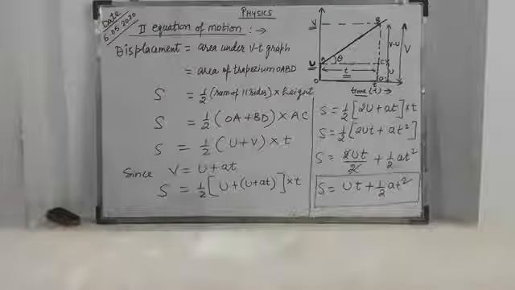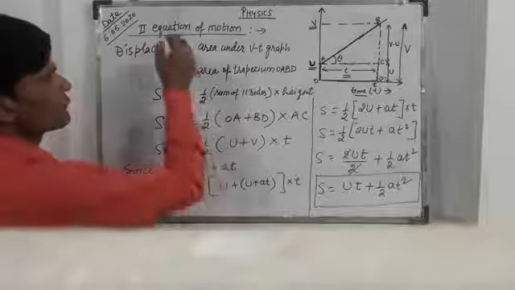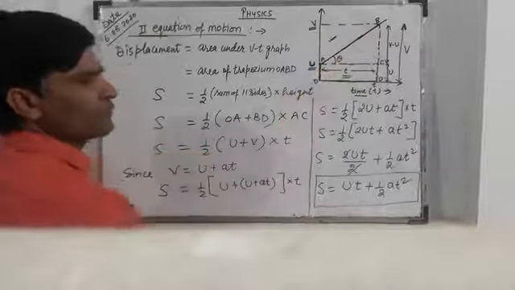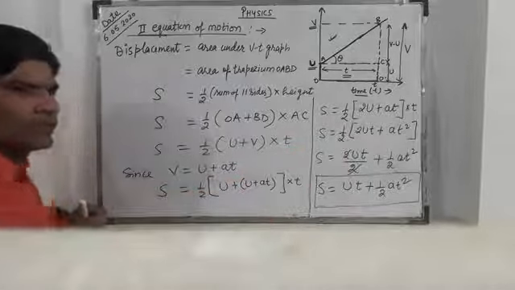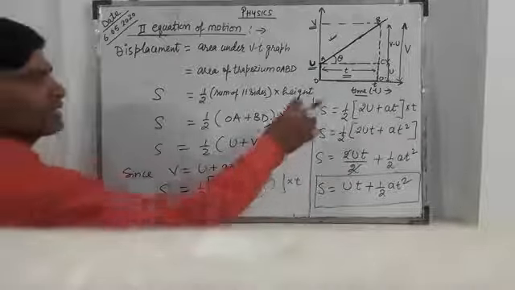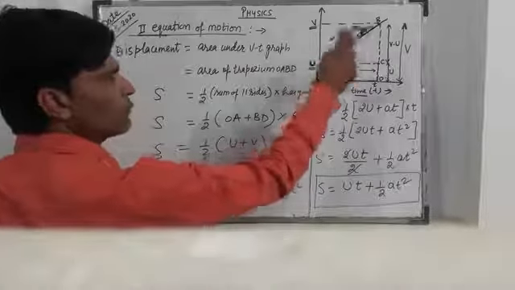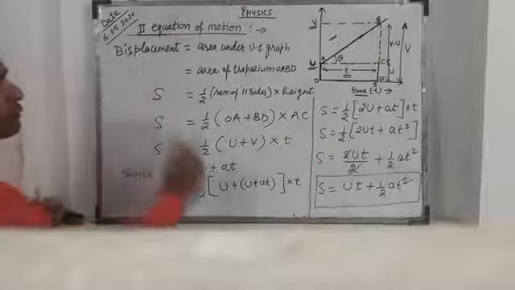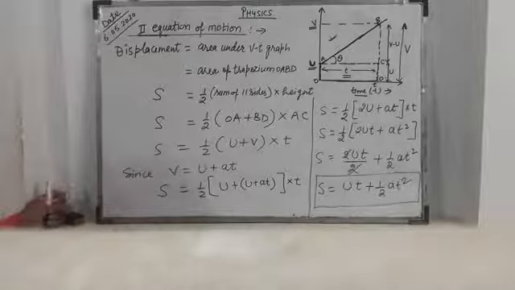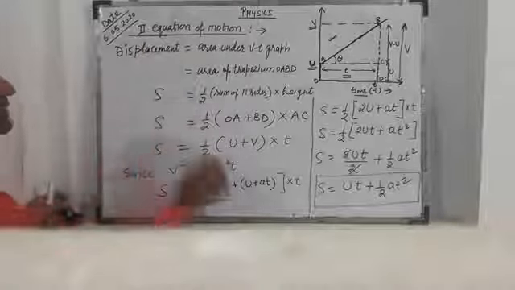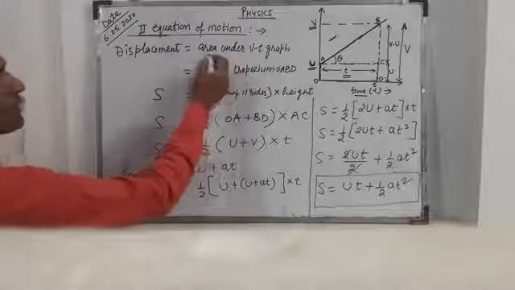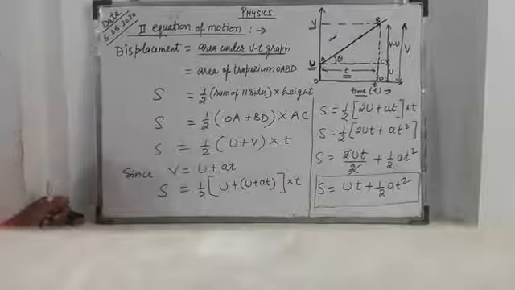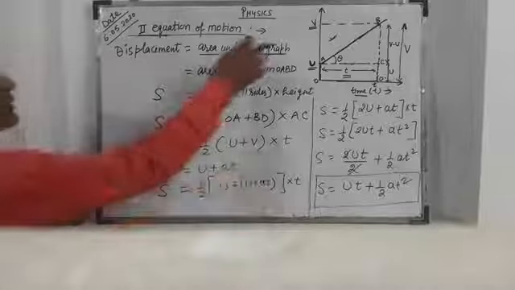Now the second equation of motion. For the second equation of motion, we have the same graph. All the equations we can derive with the help of this graph. As we know, from fact number 2, displacement is equal to the area under the vt graph.